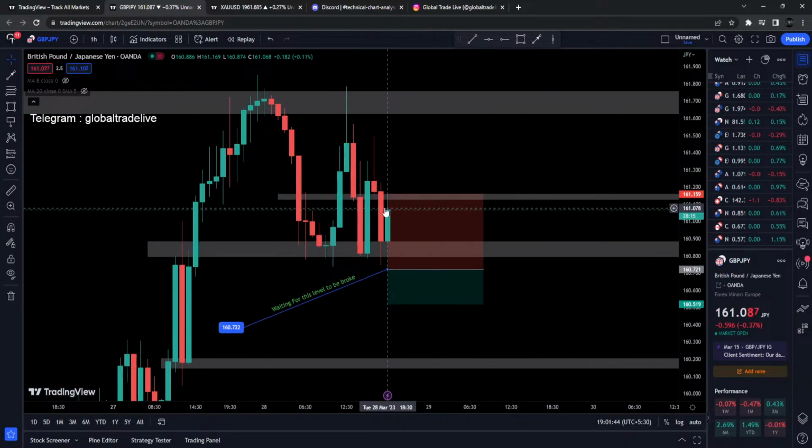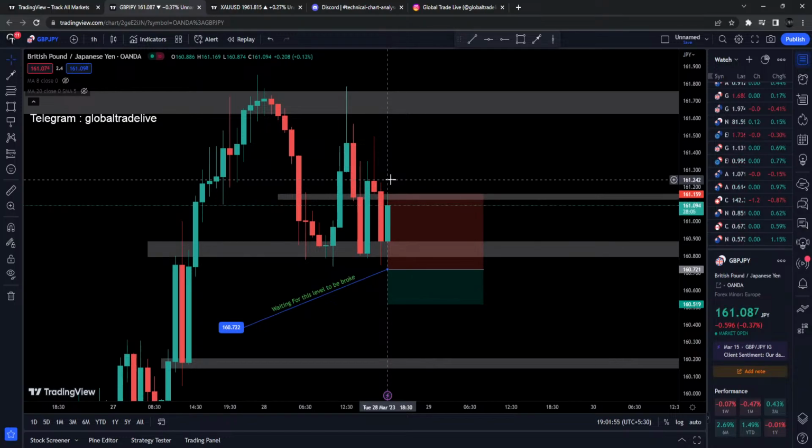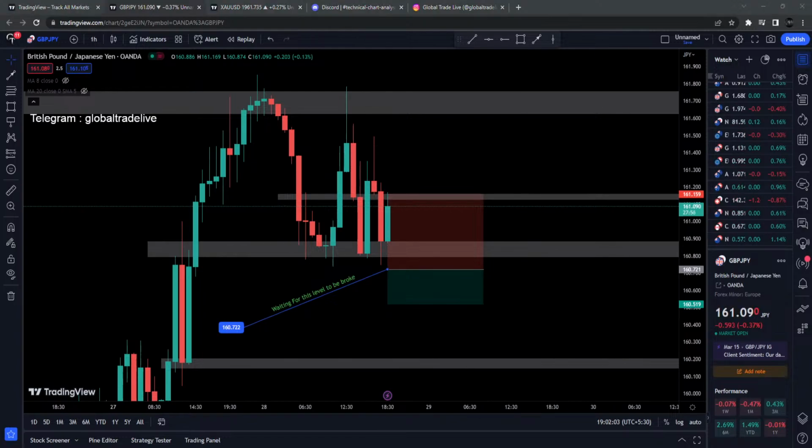Now the thing is, if the 1 hour candle breaks the high of the previous 1 hour candle, at that point of time this whole bearish idea will be gone, because we are not expecting the current 1 hour candle to break the price of the previous 1 hour candle.